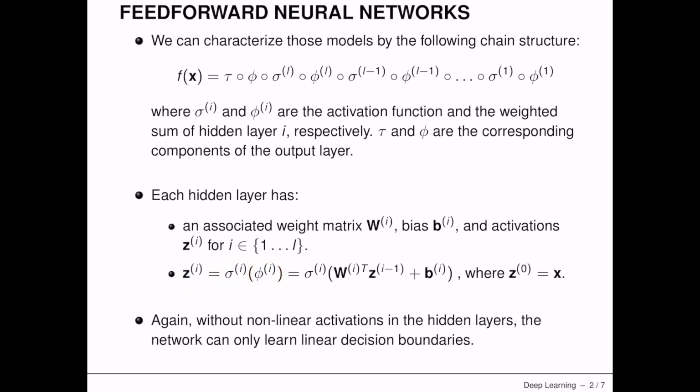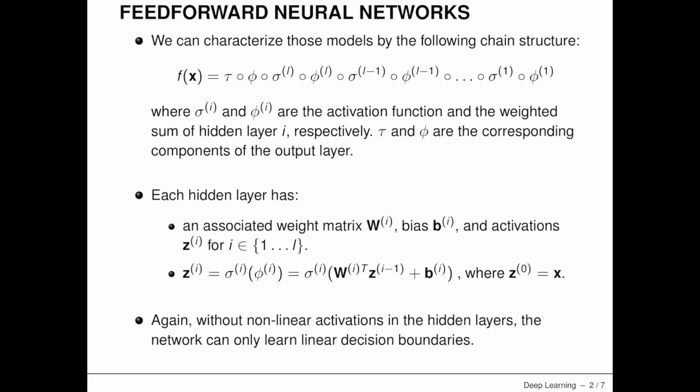That is the product of a weight matrix and the output of layer i minus 1, plus the bias of layer i. When we denote it like that, of course, z_0, so the zeroth hidden layer, is just the input x.